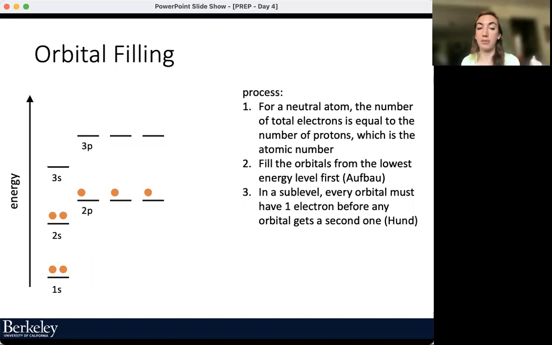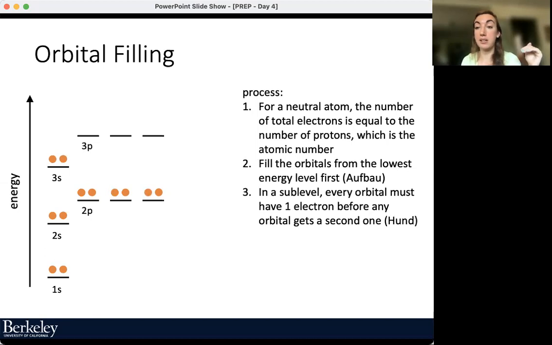So now I have 1 electron in each of my second level p orbitals. So now I can start putting the second one in. So now my second level is full, so I can move to my third level. So I put 1 electron in 3s, and then I finish filling 3s before I move up a step to the 3p sublevel.